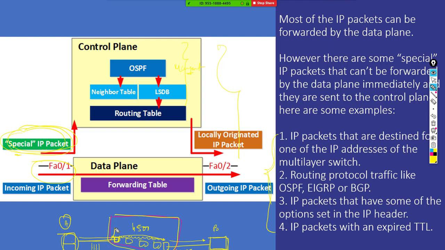This has to go to the control plane. The traffic will be taken to the control plane. The control plane has all the routing protocol information in the routing tables, and it will decide whether to go directly from the existing interface, or send it back to the data plane, and then the data plane can use one of the existing interfaces to reach PC B.